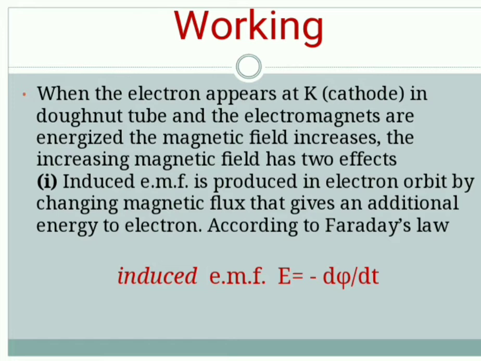The first one is that an induced EMF is produced in the electron orbit by the changing magnetic flux, which gives additional energy to the electron. This can be explained using the famous law, Faraday's law. In that law, it is said that induced EMF is proportional to the varying flux. That can be written as E = -dΦ/dt.